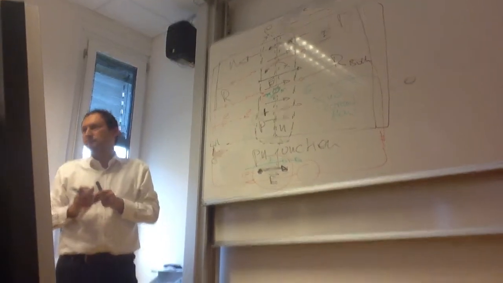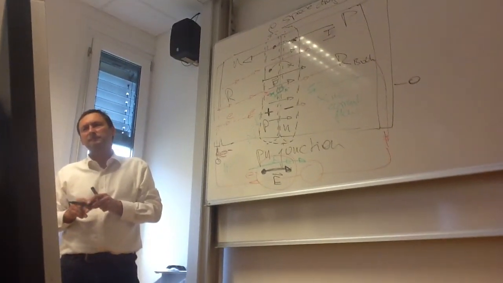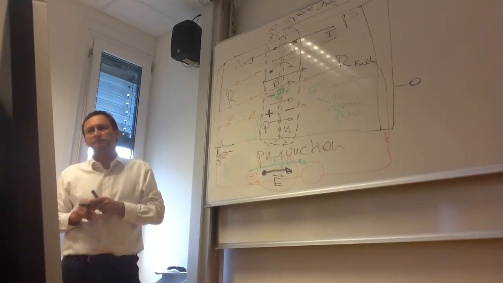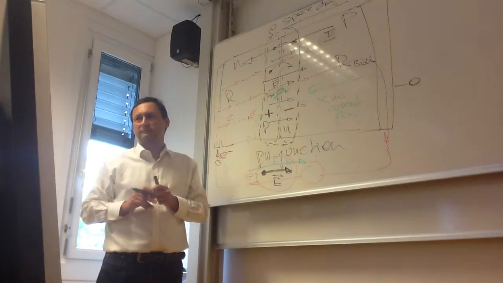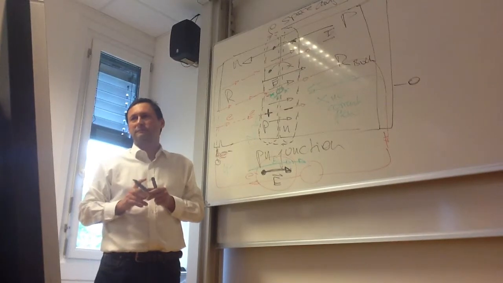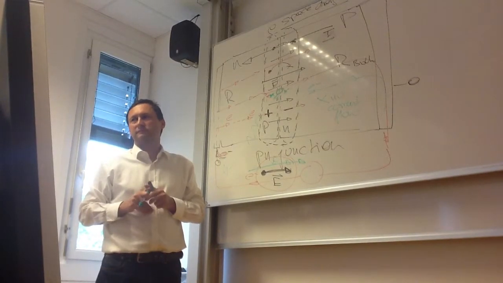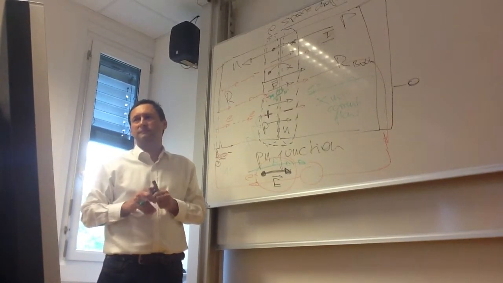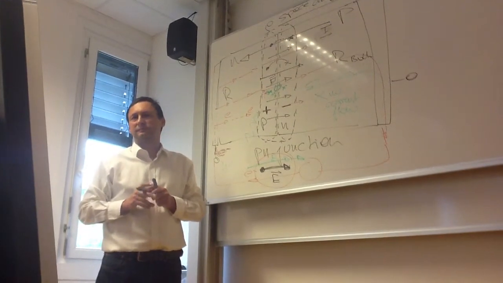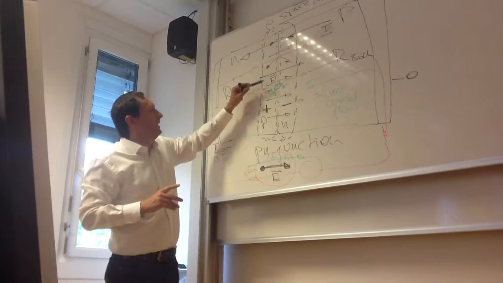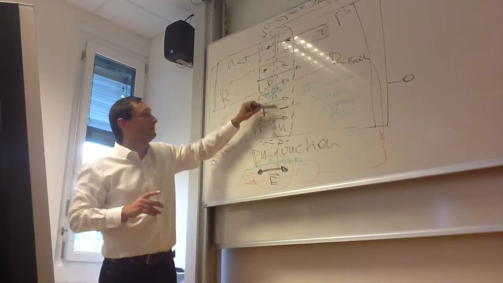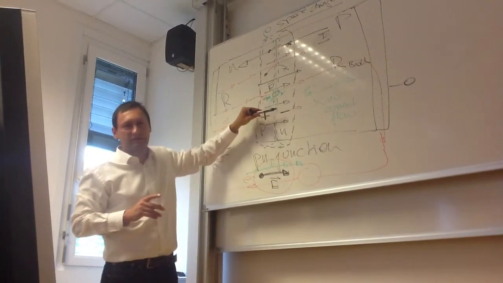First, I think the electron goes to the negative part and the hole goes to the positive part. So think about what we have on this side of the PN junction.